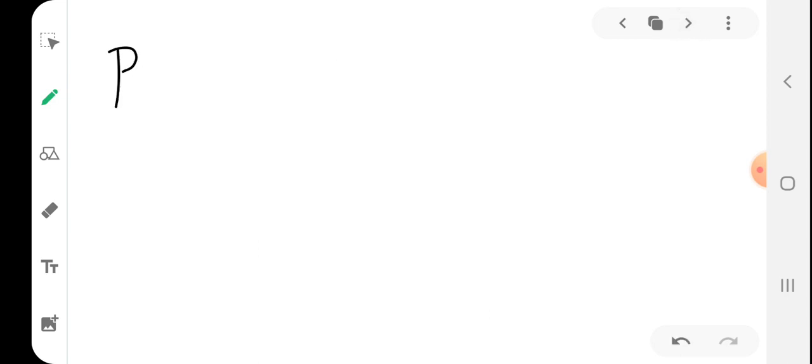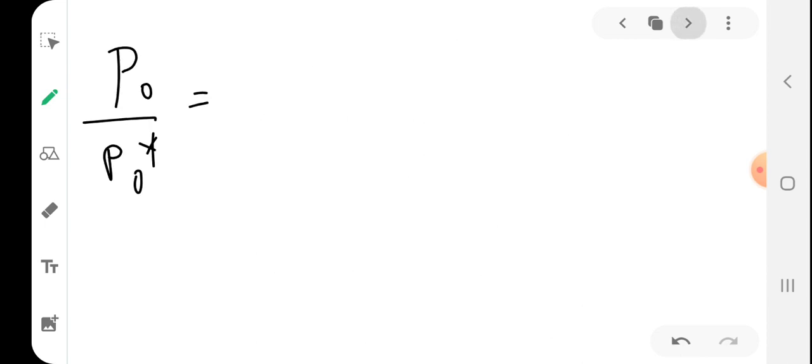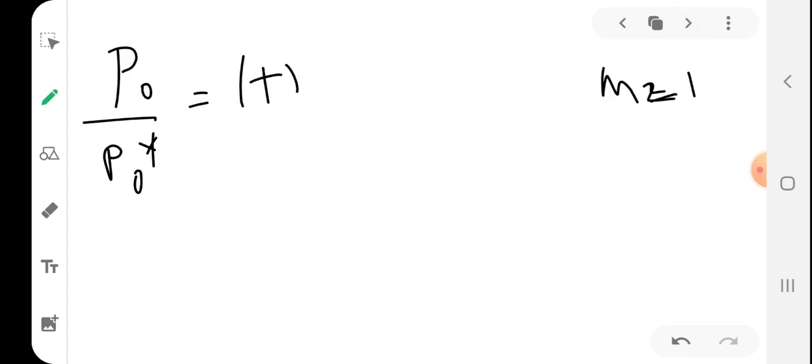Now P0 by P0 star can be written by putting 1 instead of M2. Here M2 will become 1, so you will get 1 plus gamma in the numerator, over 1 plus gamma M1 square.